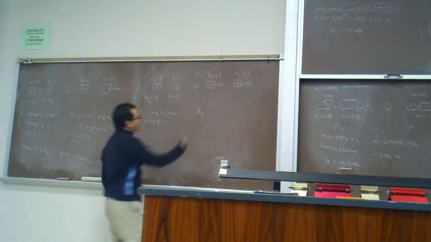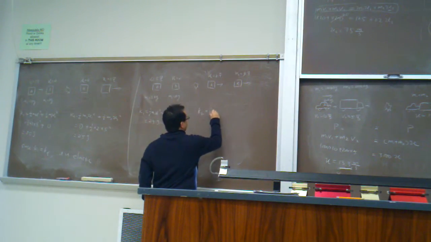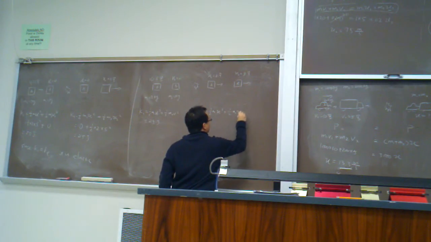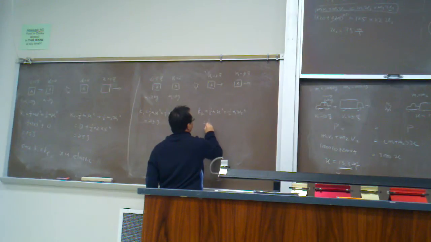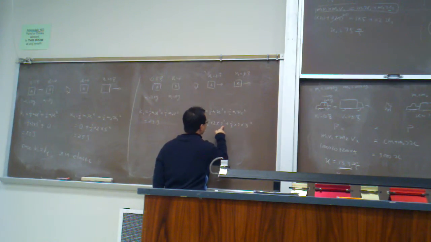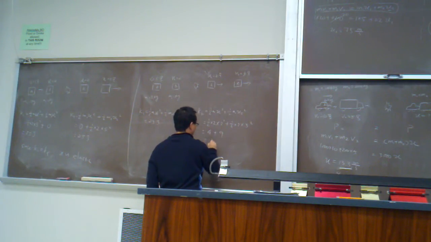And final kinetic energy now is 1/2 m1 u1 squared plus 1/2 m2 u2 squared. So it's 1/2 multiplied by 2 multiplied by 2 squared plus 1/2 multiplied by 2 multiplied by 3 squared. So this is 4 plus 9, which is 13 joules.